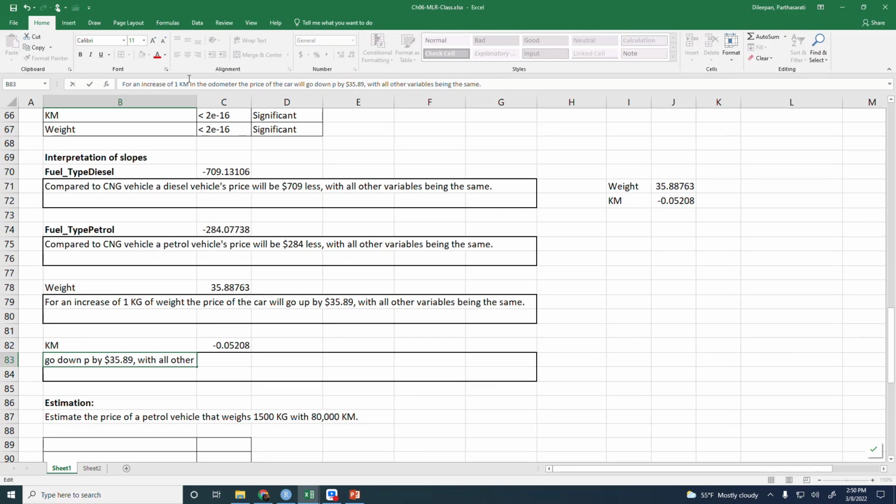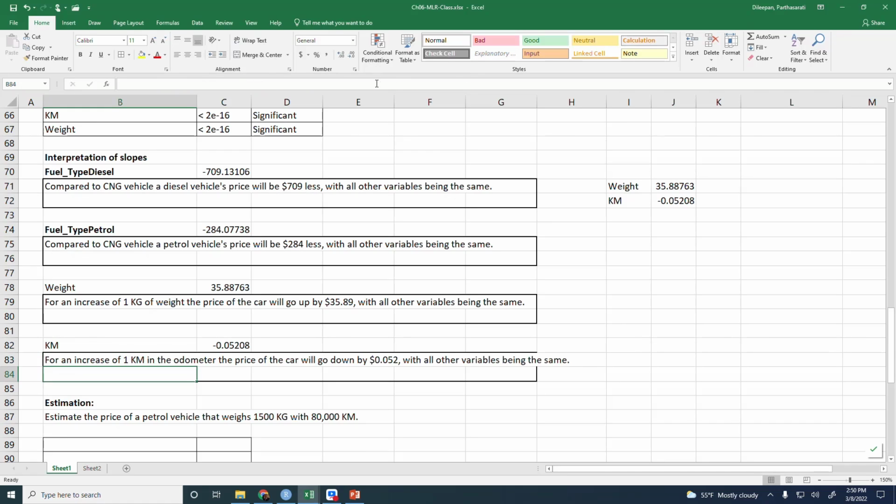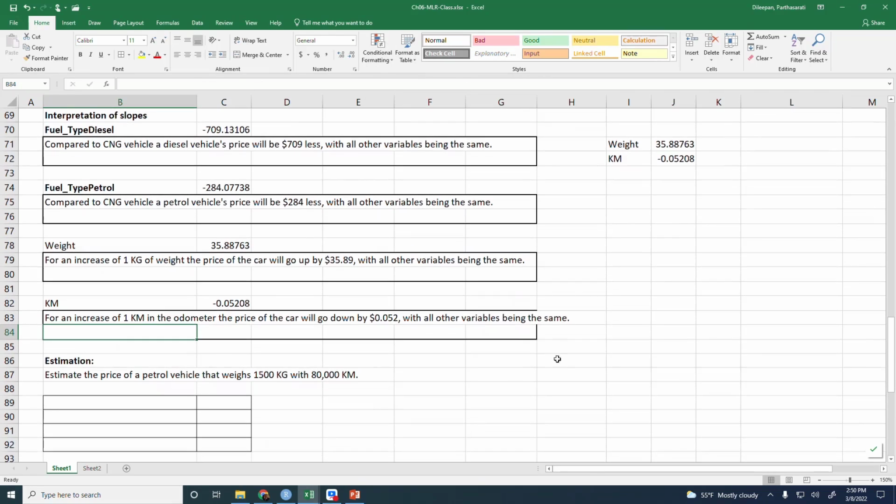That's technically correct, but that's not the way to say it, right? Will go down by 0.052, with all other variables being the same, okay?